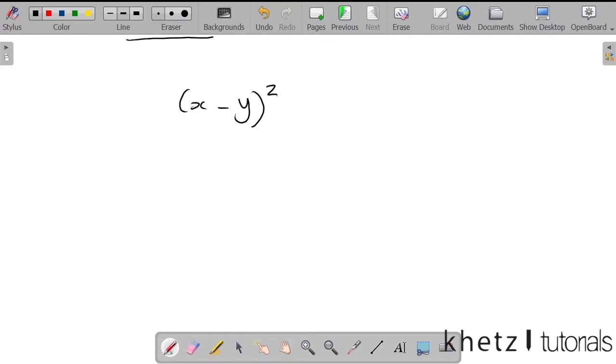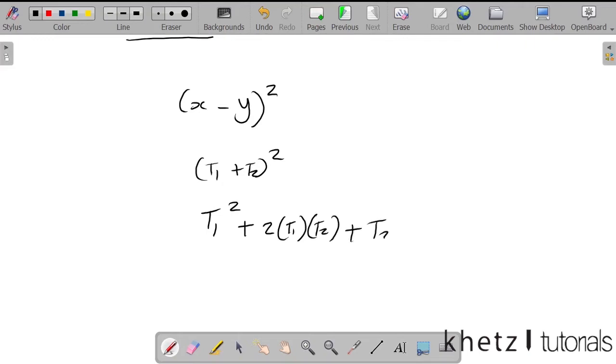What I'm bringing across is if you have a bracket squared, let's call this T1, let's call this T2. The result of this bracket is T1 squared plus 2 multiplied by T1 multiplied by T2 plus T2 squared.